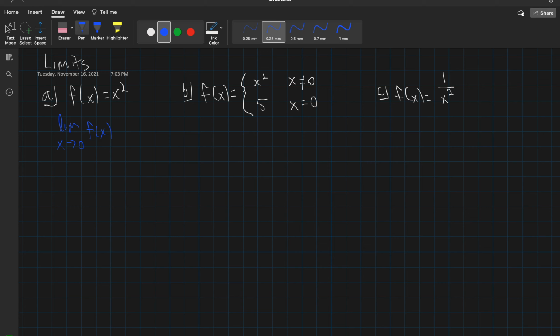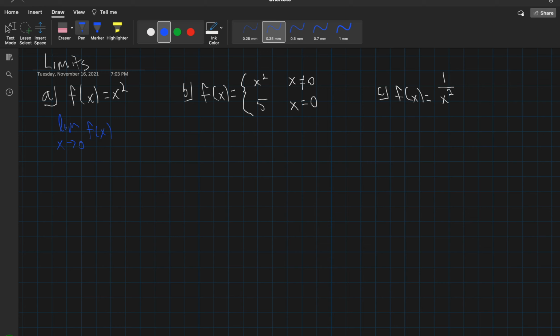So something tempting that I think a lot of people try and do, and can be a useful tool, is to try and directly plug in the value that we're interested in into our function. This is actually going to work in a lot of cases, but we have to be careful in the cases where it won't work.